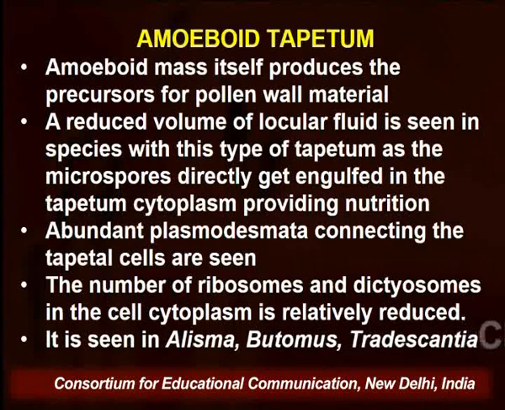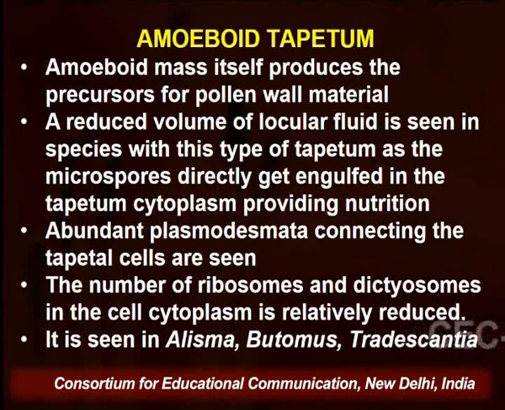Now, as the periplasmodium moves into the anther cavity and directly engulfs the tapetal cytoplasm, providing nutrition, the volume of the locular fluid in those species which exhibit amoeboid tapetum is much reduced. There are abundant plasmodesmata connecting the tapetal cells which are seen in an amoeboid tapetum.